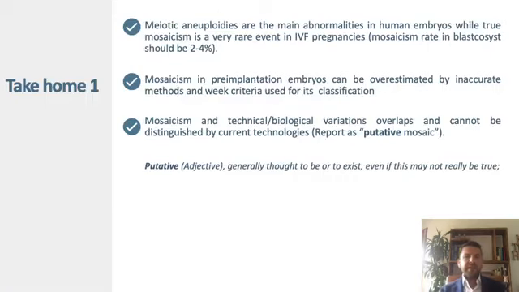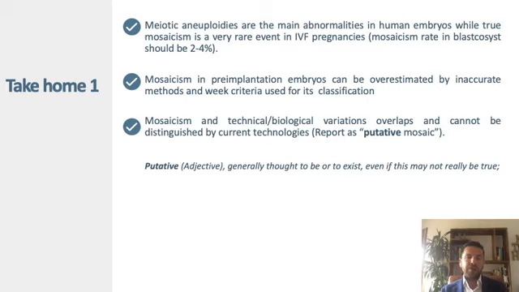And here comes my first take-home message: meiotic aneuploidies are expected to be for sure the main abnormality that we find in preimplantation embryos, and can be effectively detected by next generation sequencing protocols using proper criteria for aneuploidy classification. Mosaicism is expected to account for a minority of embryos at the blastocyst stage, around 2 to 4%, but it can be very easily overestimated by the application of inaccurate methods and weak criteria for mosaicism classification.